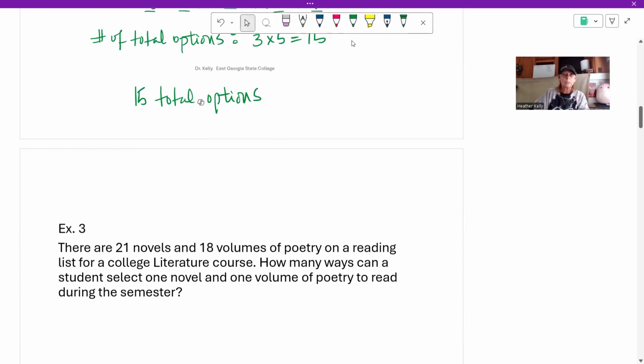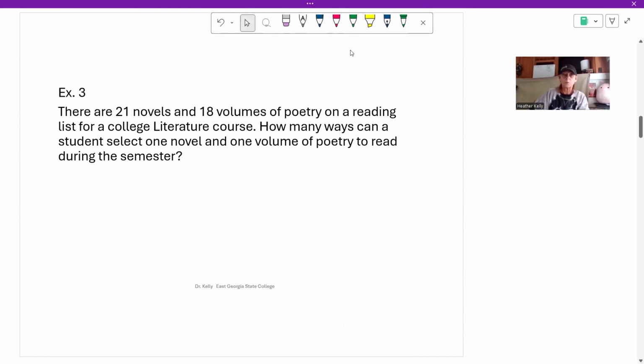So let's take a look at this problem. There are 21 novels and 18 volumes of poetry in a reading list for a college literature course, and you're supposed to select one novel and one volume of poetry to read during the semester. So how many total options would that be? Like, how many different ways could you do that? So total ways would be 21 times 18.